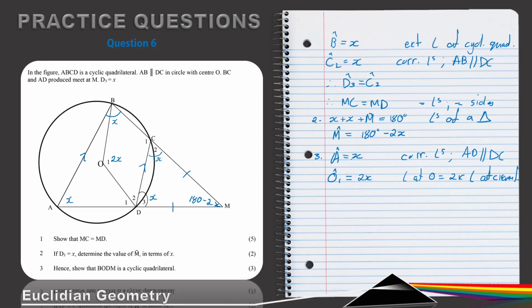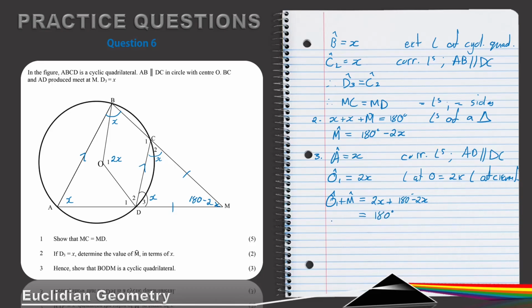Now let's add up. So now we're going to say that O1 plus M is equal to 2x plus 180 minus 2x. Okay, so that adds up, because the 2x and the 2x cancel, that ends up with 180 degrees.